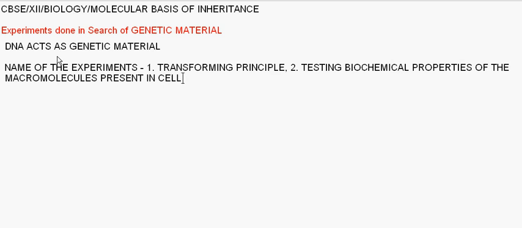And third one, that's the deciding one, the Hershey-Chase experiment, which finally told us that DNA is the genetic material. Now coming to the first one, that is the transforming principle done by Griffith.